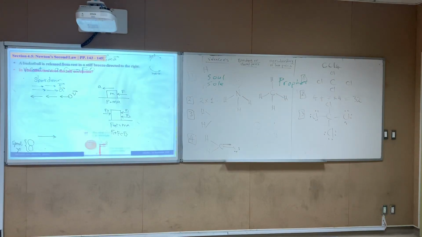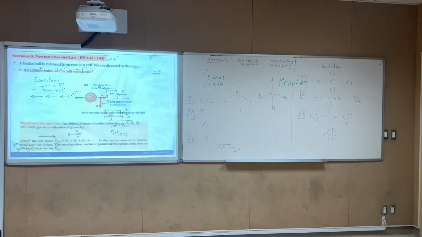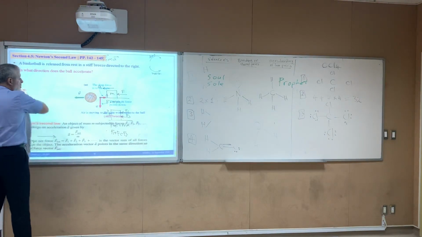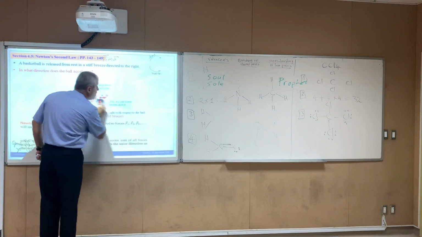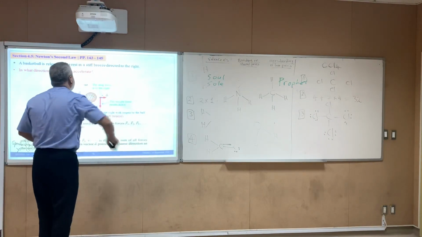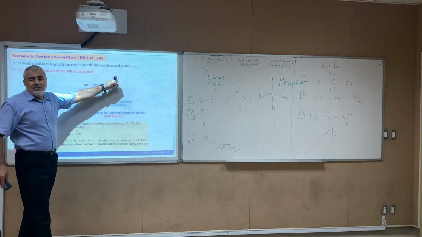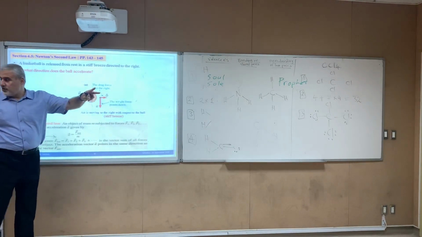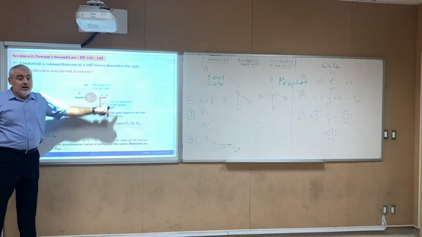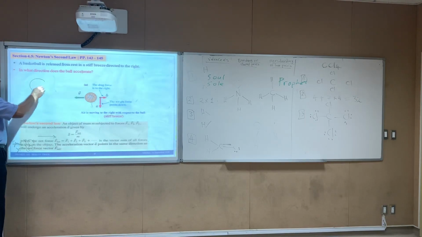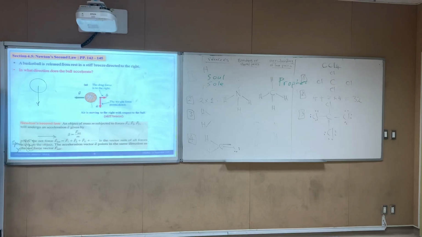Now, this is an example of what I'm talking about. I will read it for you, and we're done. Here a basketball is released from rest, and a stiff breeze is directed to the right.